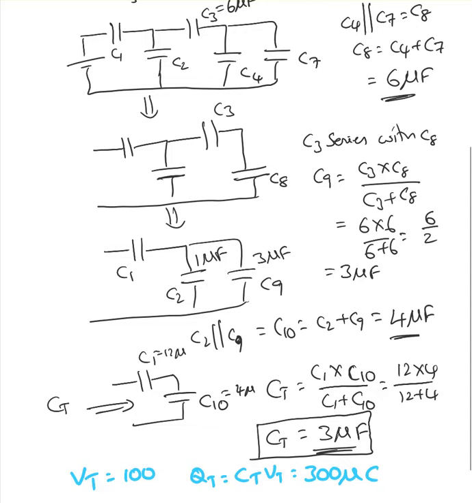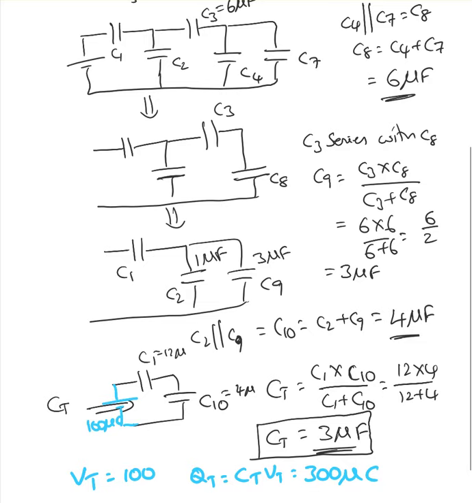Now if you look at C1 and C10, you need to go backwards from the circuit. I know the source is supplying 300 microcoulombs of charge. We know that in series the charge is the same.